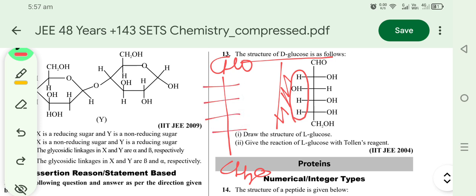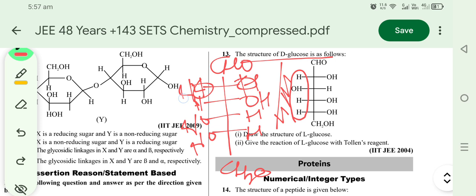Here is the hydrogen, here is OH, here is H, and here is H. H is opposite OH, OH opposite H, and that is its structure. So when L-glucose reacts with Tollens, the aldehydic group is converted to carboxylic acid and the remaining structure is as it is presented.